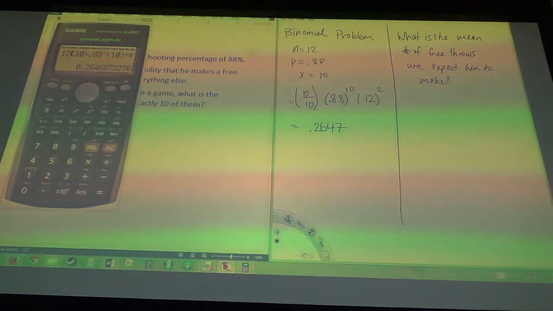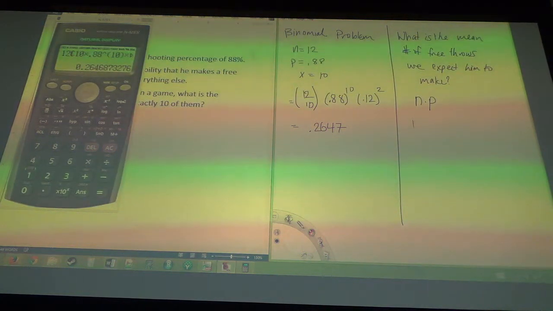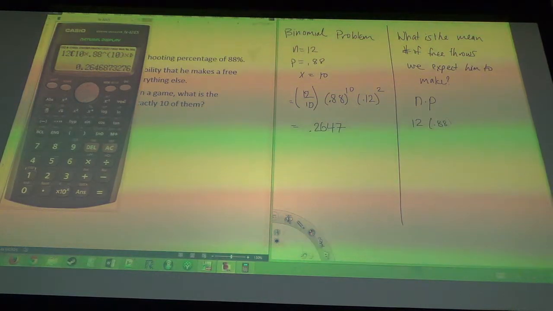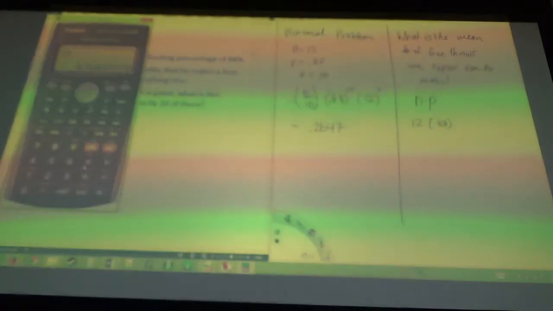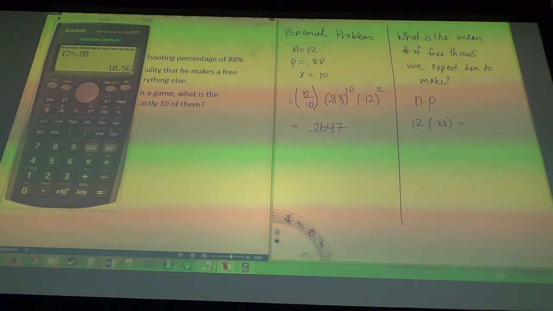Yeah, n times p. So we would do 12 times 0.88. I think somebody said 10.6, but I'll just verify. 10.56.